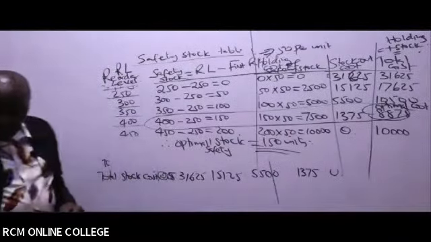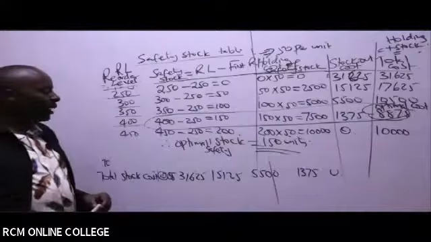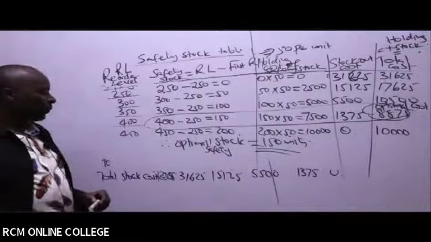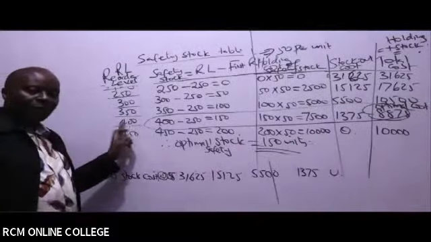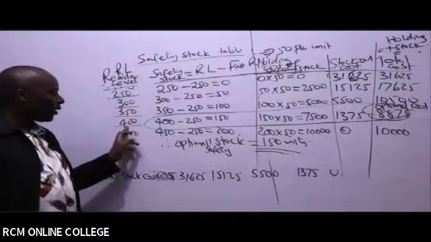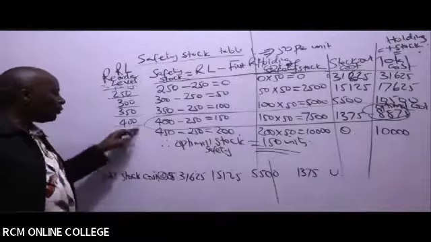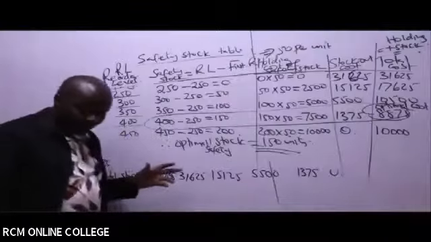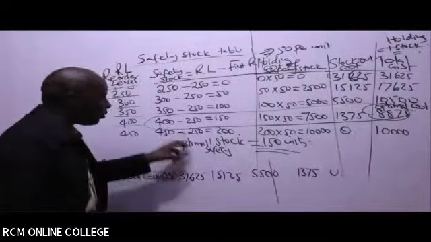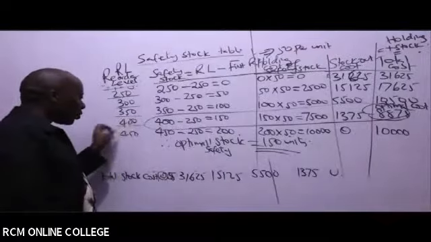And then the last question, they're asking about probability of stock out. Remember ourselves, we are stocking 400. So we can only run out of stocks if demand is 450. I'll be able to come and explain this much better later. But you see now here from the advice you've given us, we are going to stock.